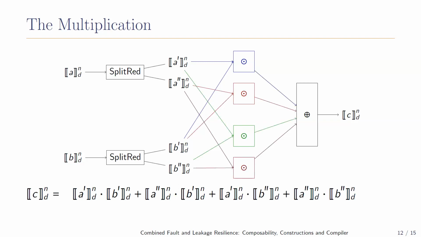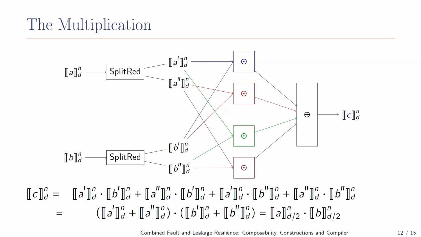And why is this correct? Because we can transform this equation in that way. And now remember the property of our split reduction. This is exactly the A of degree d half and B of degree d half. And when we pairwise multiply these, it's A times B. Okay, so this shows us the correctness of our gadget.